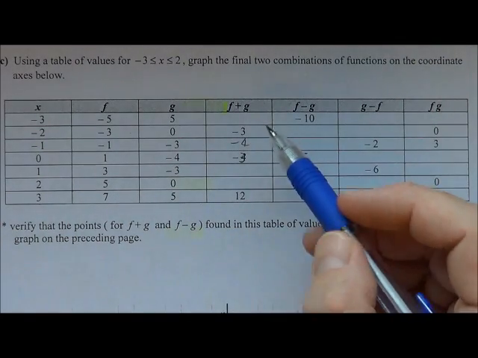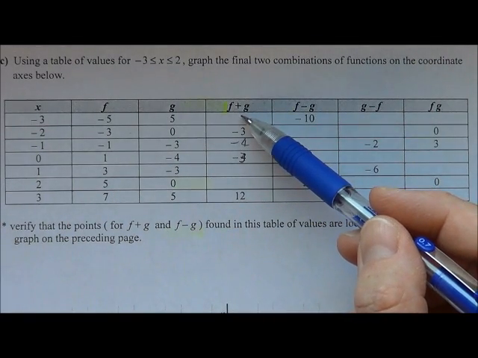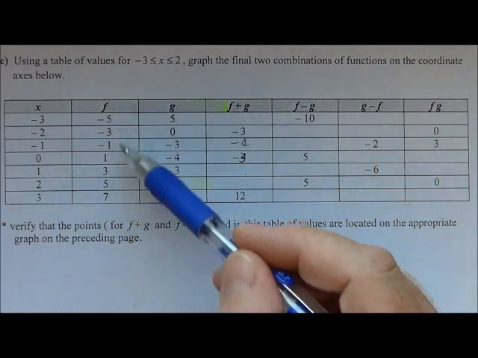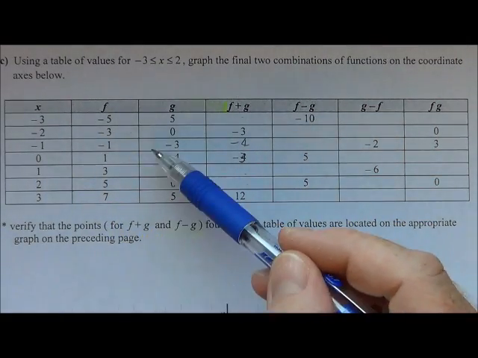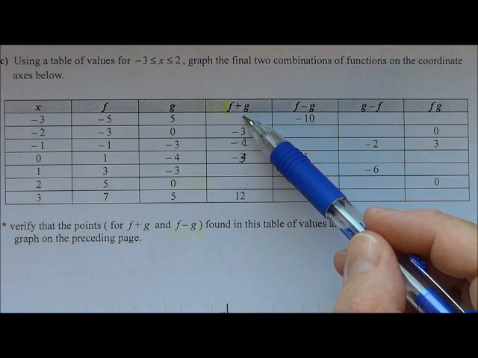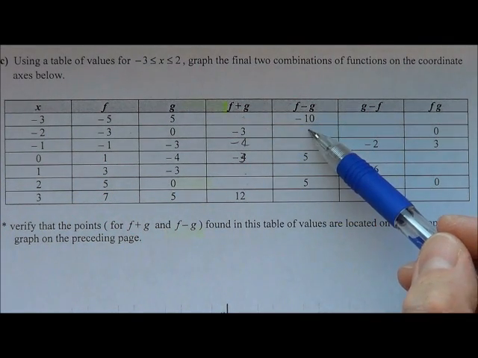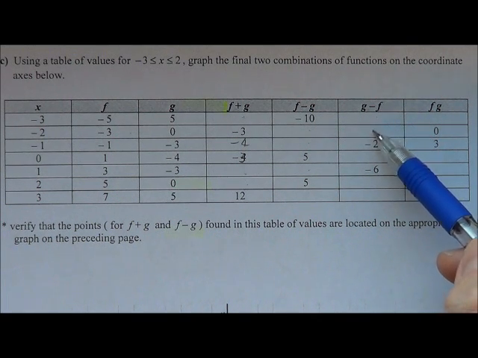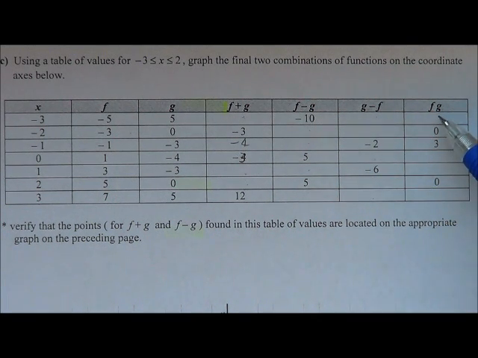Now what I'd like you to do is fill in the f plus g values from these results here. Add f plus g for these, subtract f minus g, then please subtract g minus f, and then multiply f times g.